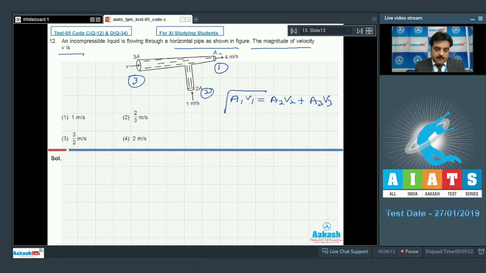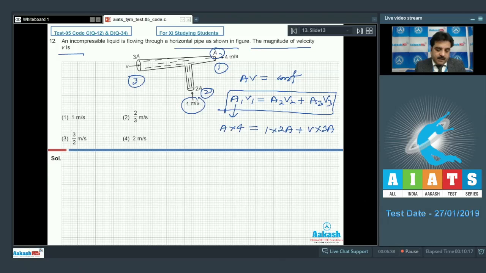So this is the principle of continuity, because you know AV is equal to constant, where A is the area of cross section and V is the speed. Now I am going to place the values. A1 is A according to the diagram, so A into 4 equals A into 2, plus V into 3A, because speeds are given in some places and area in others.